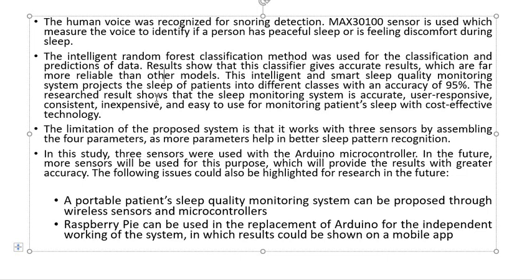So we are going to use those classifiers to determine it; it has the highest level of accuracy at 95%, and the proposed methods are useful for any application in sleep monitoring systems. And the portable sleep quality system can be proposed through wireless sensors and microcontrollers, and we can even use Raspberry Pi and use the system for a mobile app too.